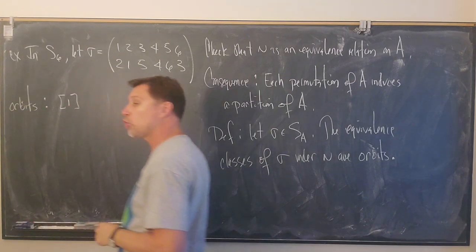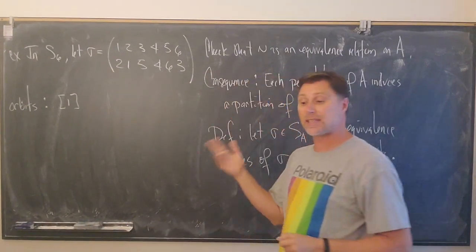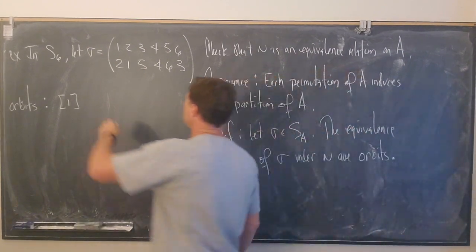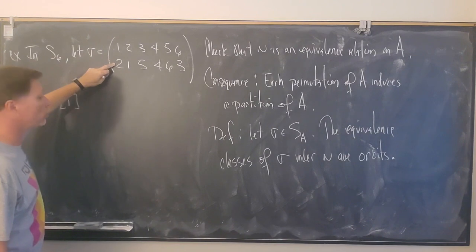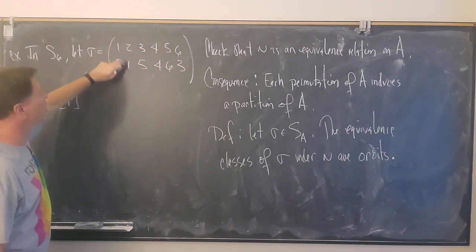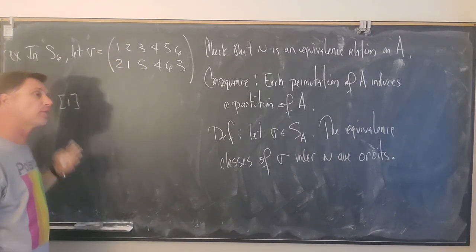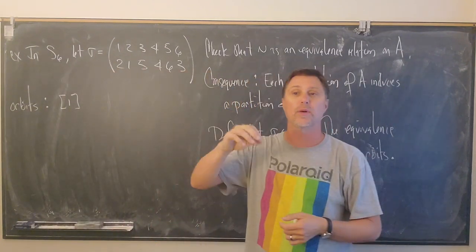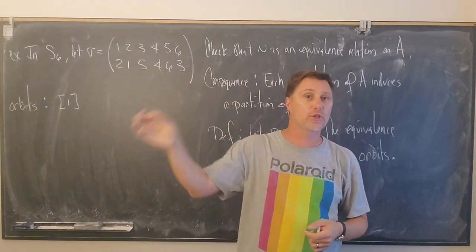Well, you're going to be equivalent to 1 if by applying sigma a certain number of times, you eventually get to that number. So what happens here? 1 goes to 2, 2 goes to 1. So as you repeatedly apply sigma to 1, it'll go 2, 1, 2, 1, 2.